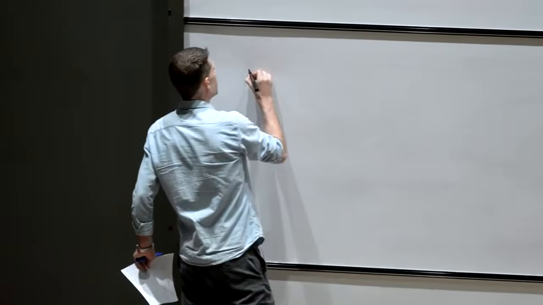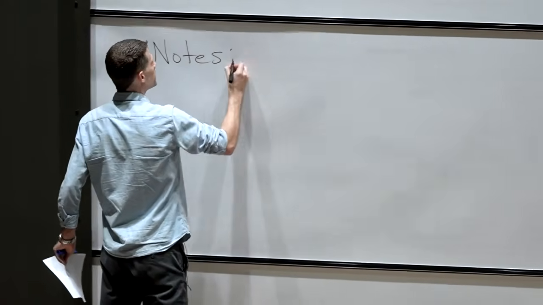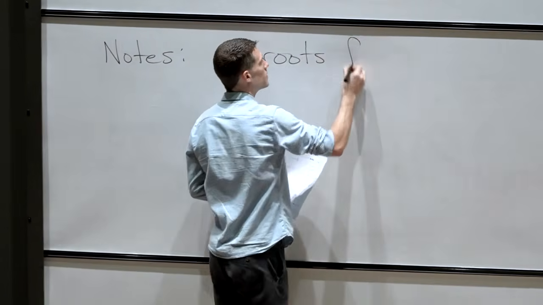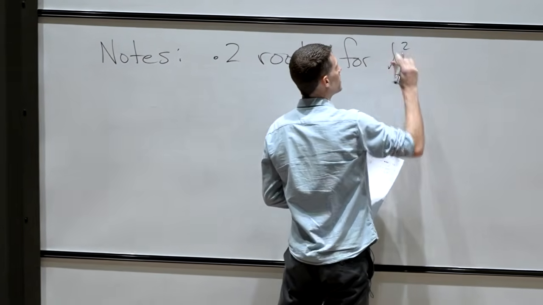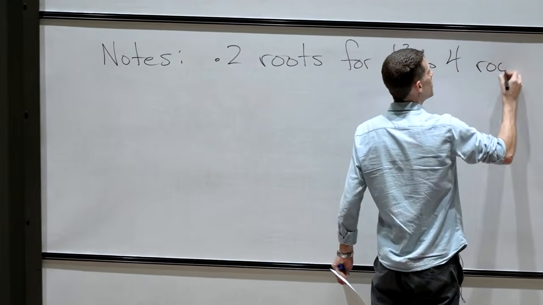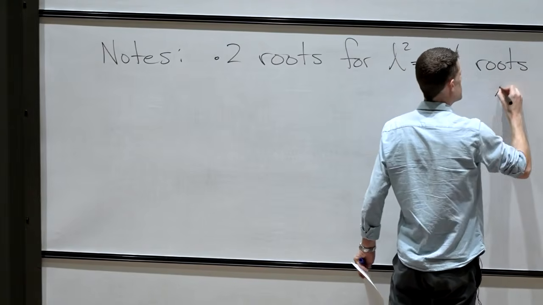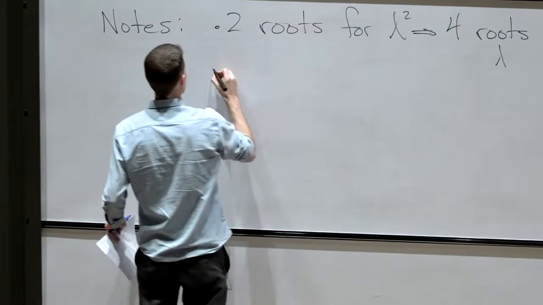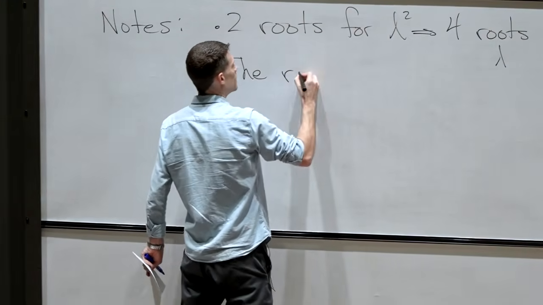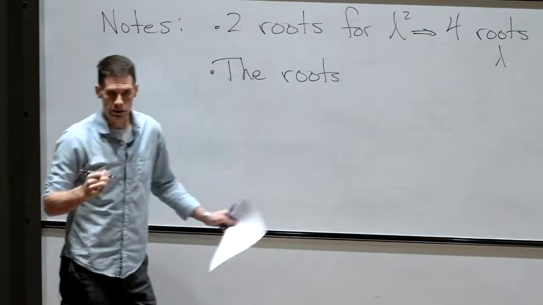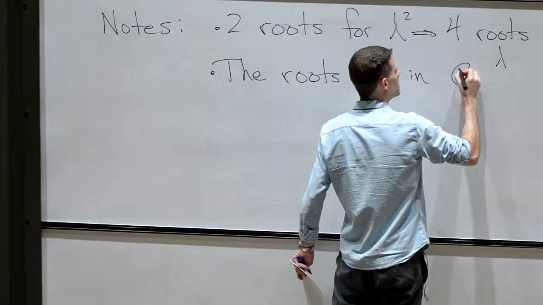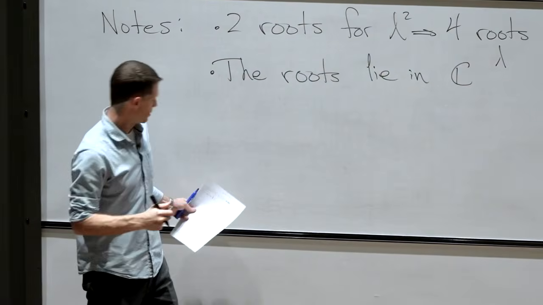So let's write that down. So my notes: there are 2 roots for lambda squared, which implies 4 roots for lambda. The roots, the eigenvalues equivalently, certainly potentially lie in the complex plane.